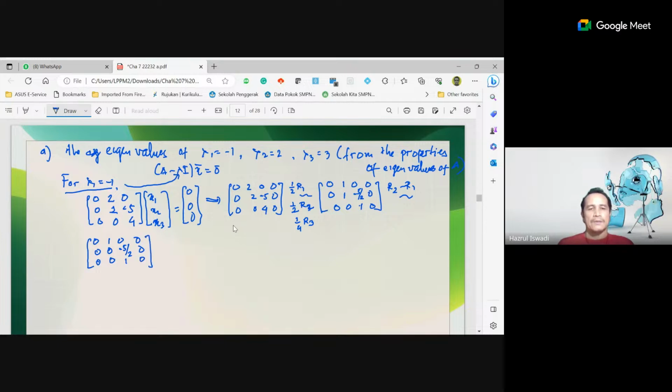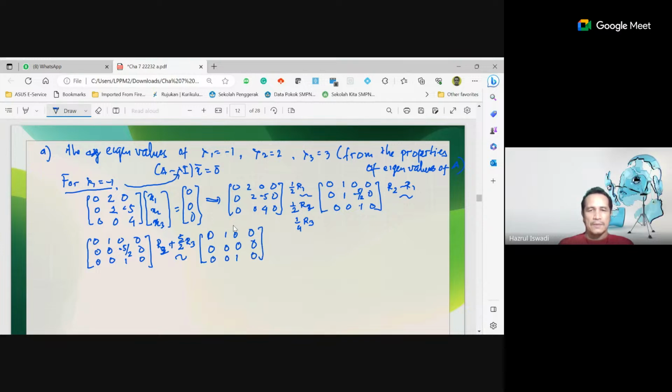Okay. So we can use this operation: R2 add by plus 5 over 2 R3 to make row 2 zero. 1, 0, 1, 0, 0, 0, 0, 0, 0, and 0, 0, 1, 0.